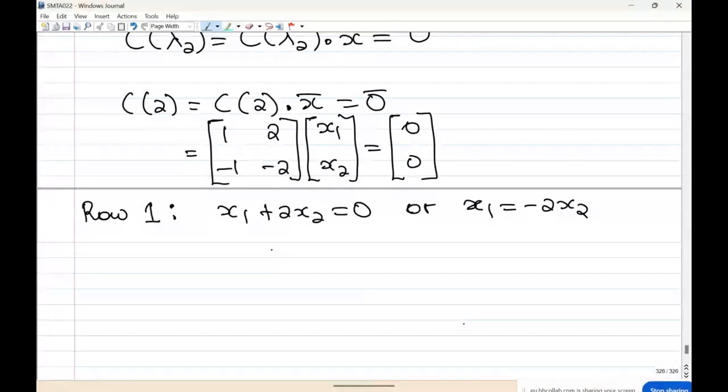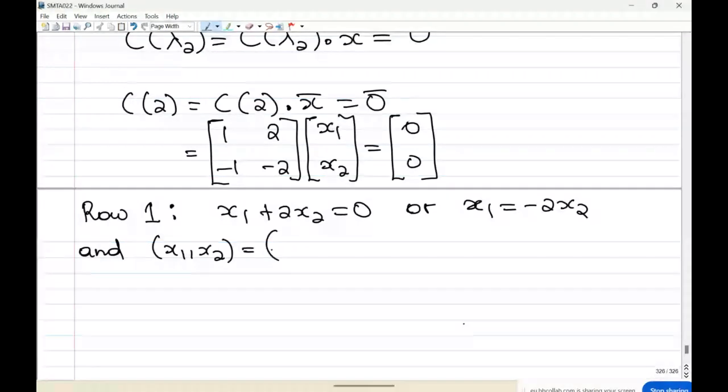From this, you are going to have the x1 and x2. You are now solving for x1 and x2. You write everything in terms of x2 if you want, or maybe you can write everything in terms of x1. It's up to you. Then here you are going to have the value of x1 is minus x2. And what is x2?